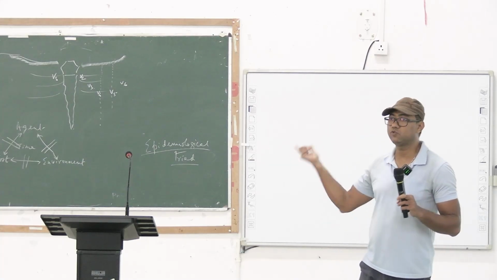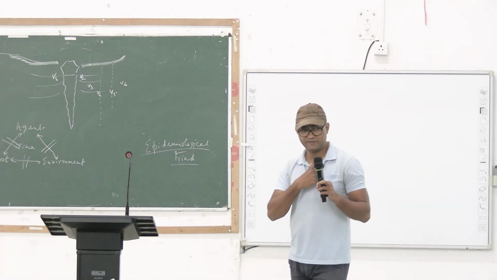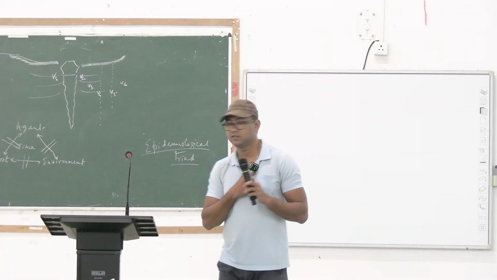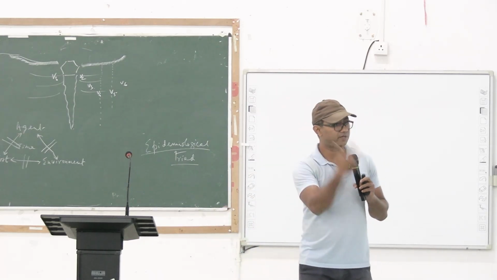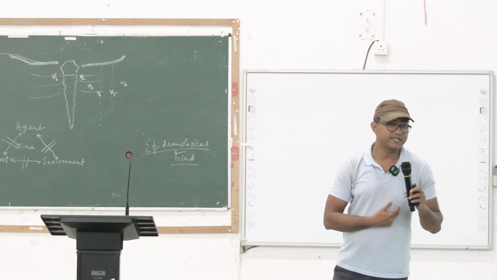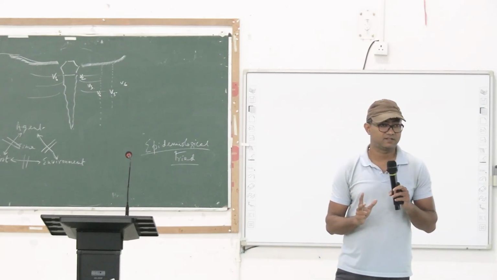V2 measures potential difference between neutral and this point, the left second intercostal space. V4 measures potential difference between neutral and the mid-clavicular line, fifth intercostal space, clear?